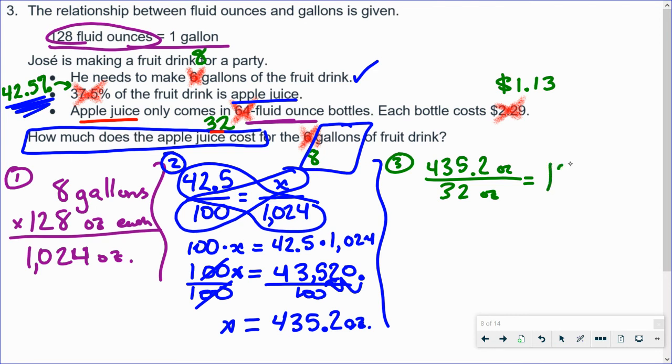This is interesting, folks. I need 13.6 containers, bottles.